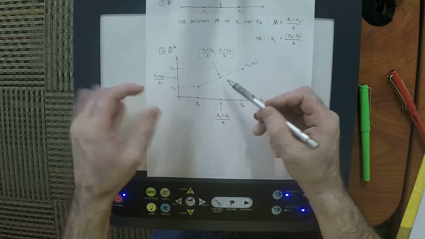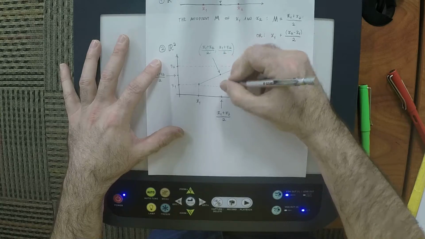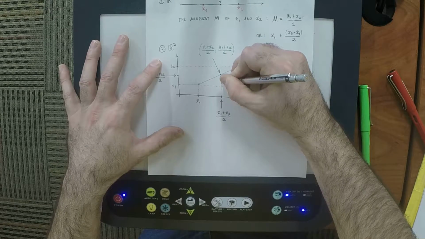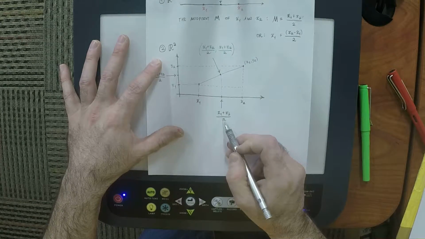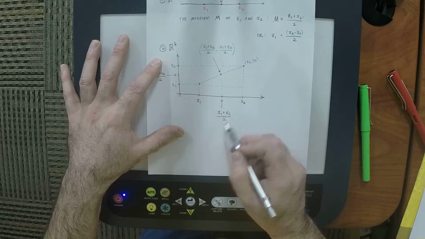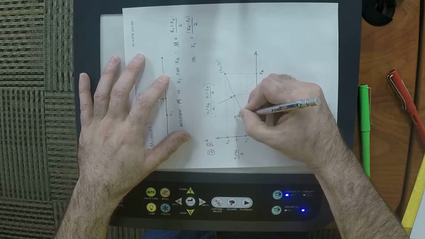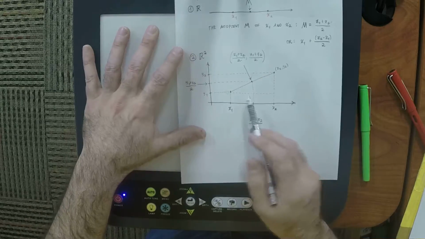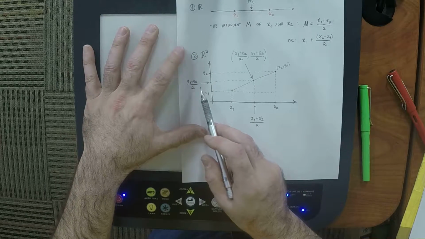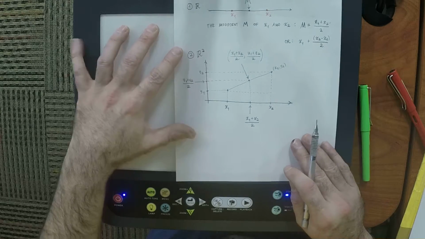So now pointing at this one, I hope that the trick becomes clear, is that this one is the average of the x's, and the average of the y's. If I could draw perfectly straight anyhow.